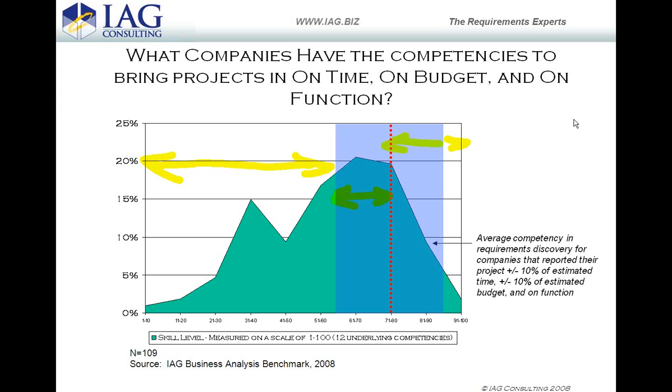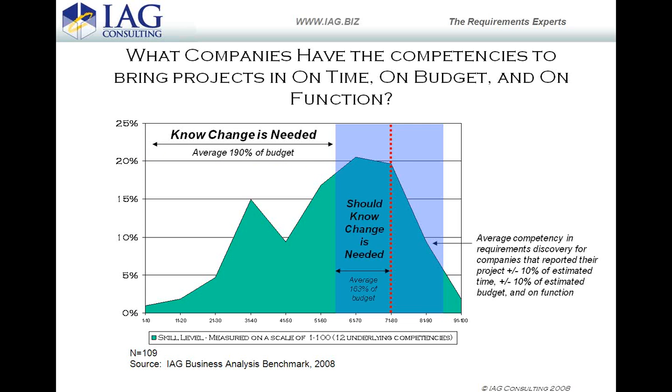So the average on time, on budget, on function performance in each of those 3 zones will be dramatically different, all right? And that's exactly what happens, okay? The guys to the left of 1 standard deviation average 190% of budget. The guys in the middle, 163. The guys to the right, 121% of budget, okay?